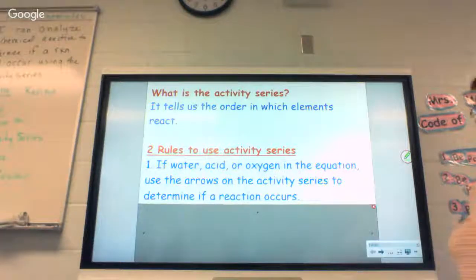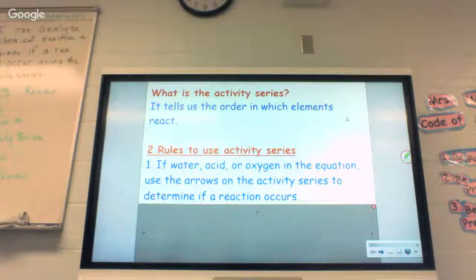Now, in order to use the activity series, there are 2 ways to read the activity series. Now, the first way has arrows.